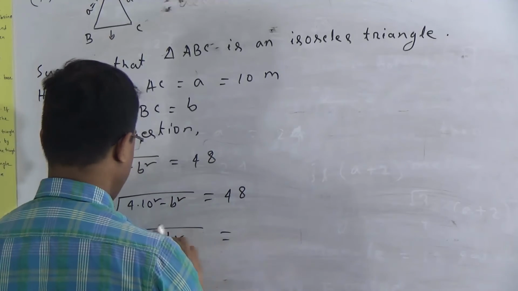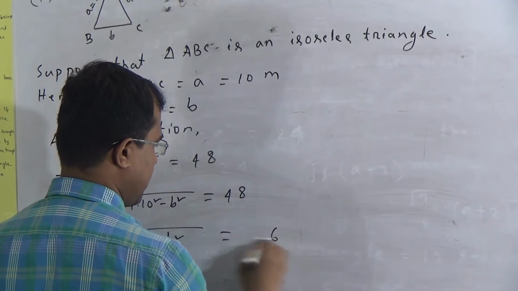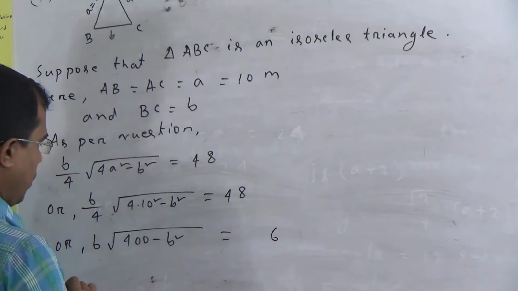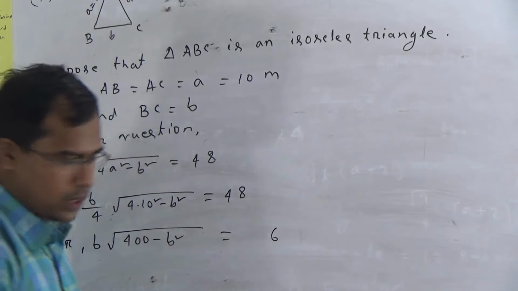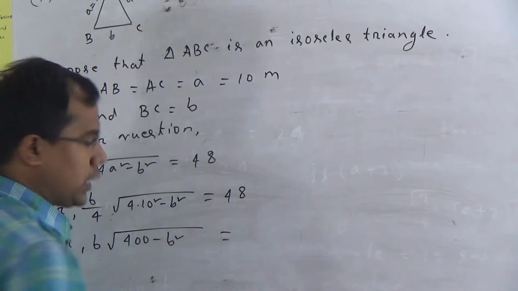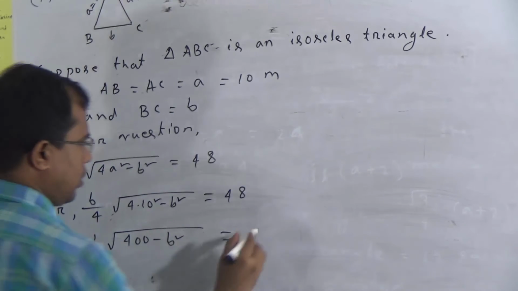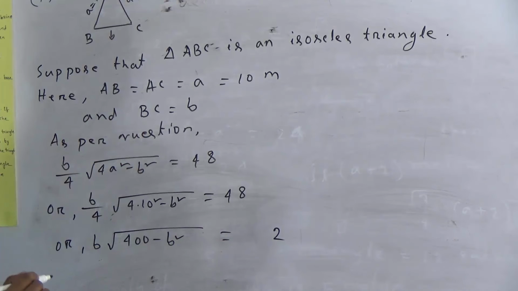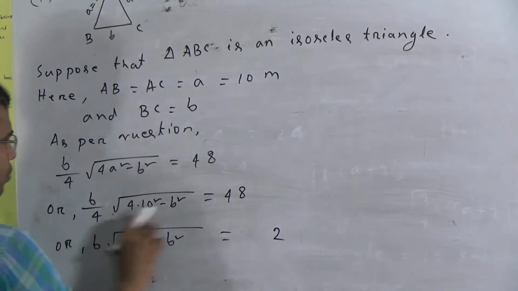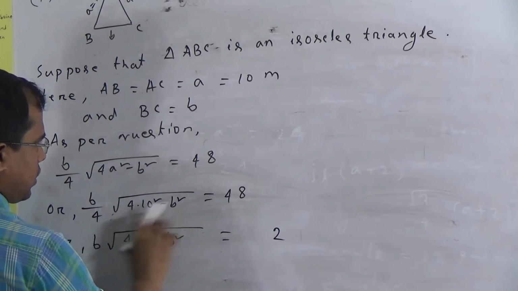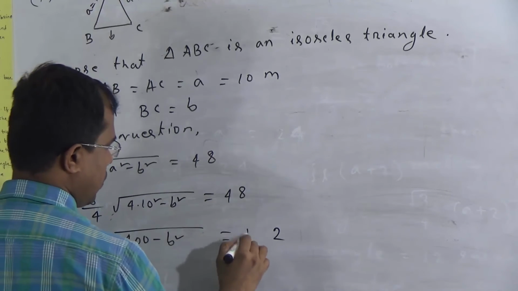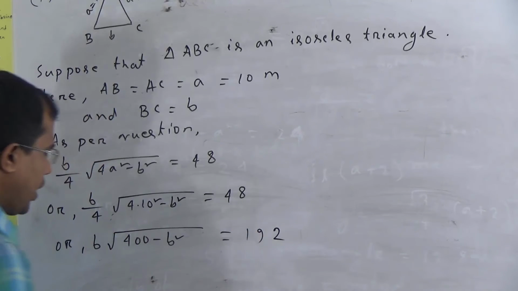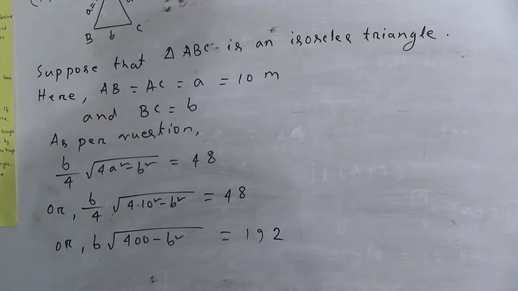4 eights are 32, we will write 2 carrying 3, and 4 fours are 16, 16 plus 3 is equal to 19, so it will be 192.